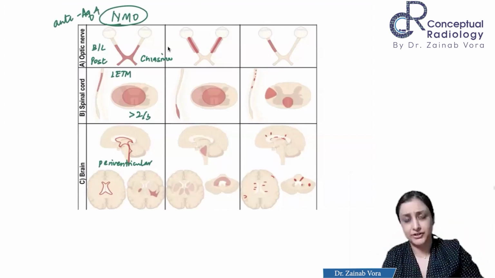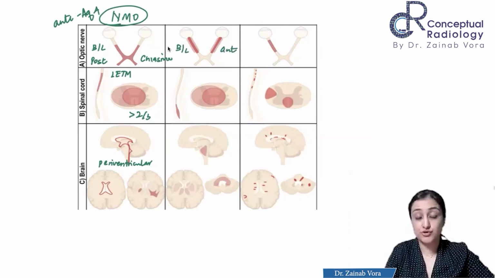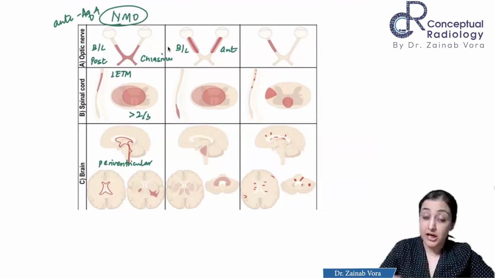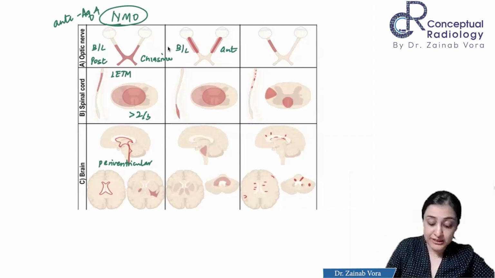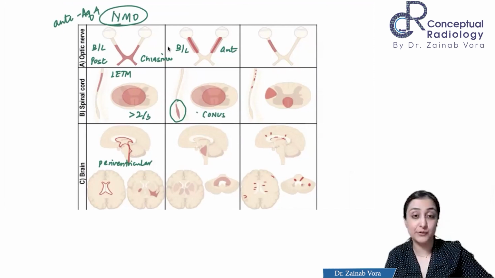Right now, pattern. Now see here, again bilaterally symmetrical, but now with an anterior predisposition of optic nerve. Again, extensive involvement axially as well as longitudinally, but this has a predisposition of involvement of the conus medullaris. So conus, cauda equina, that is what is getting involved here.